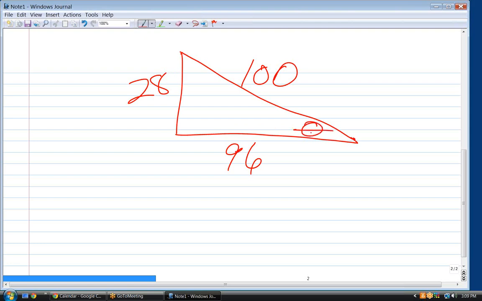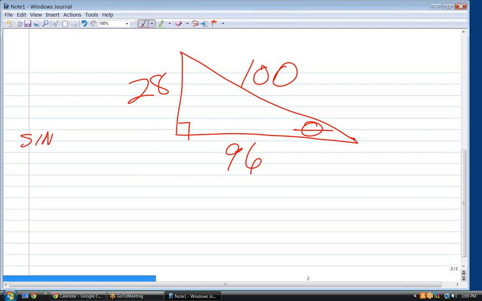Yeah. Well, first of all, is that a right triangle? Yes, it has the right angle. Okay, that makes a lot of difference. Now we can apply all the trig functions to it.